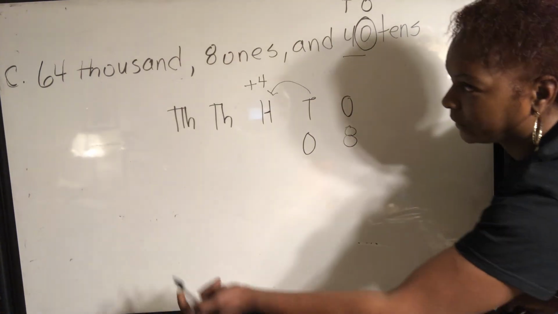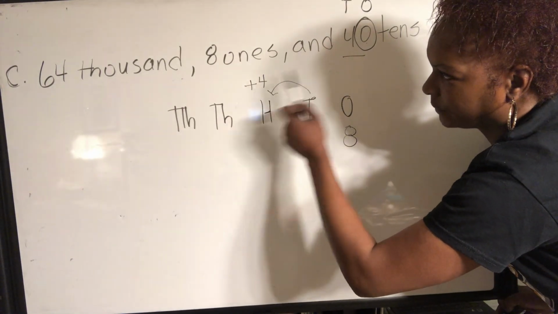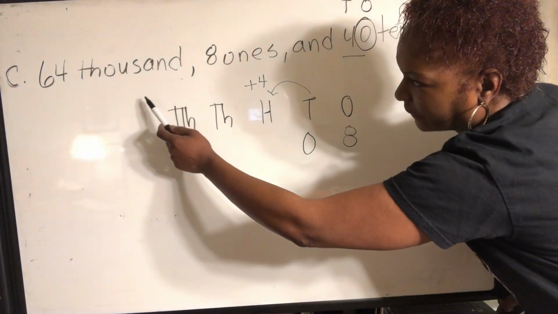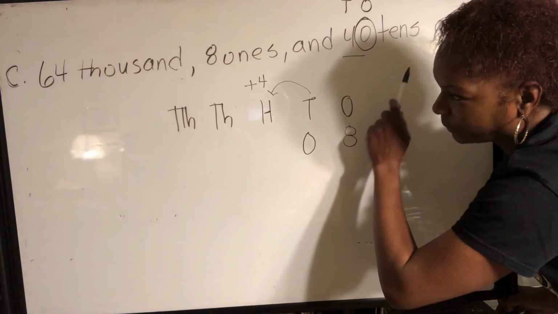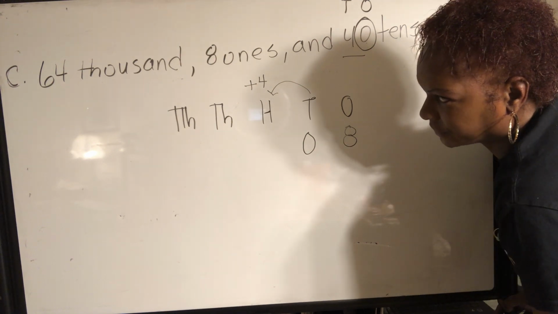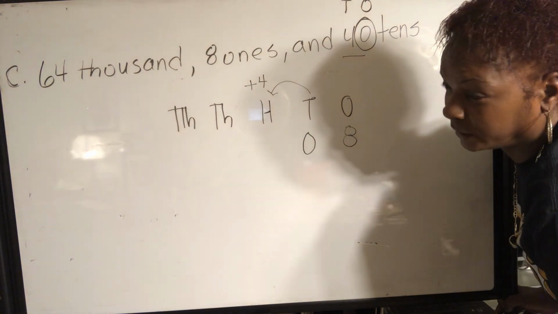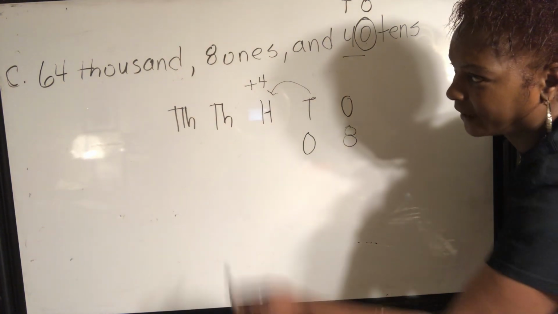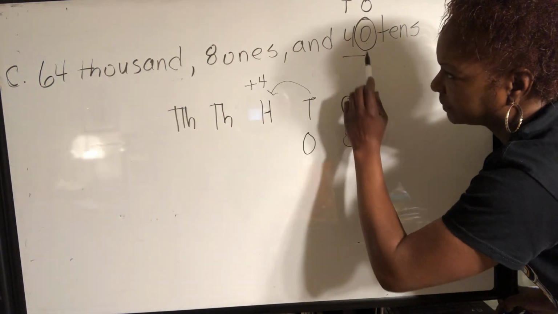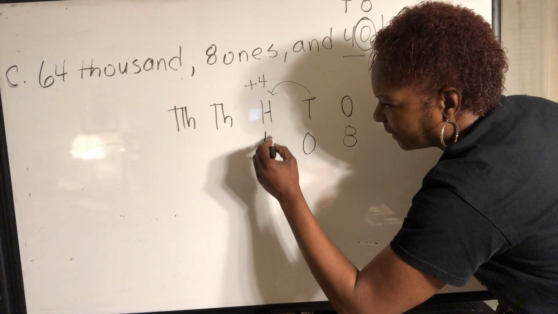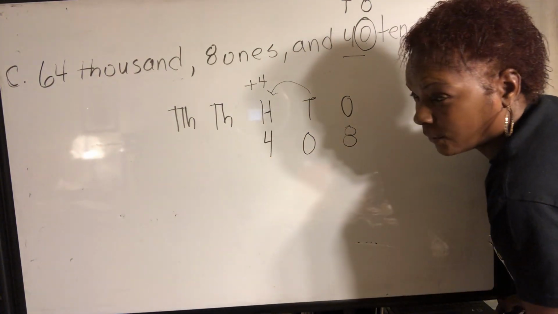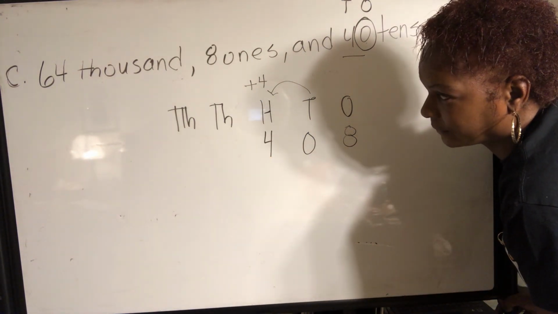So we look back into our problem and we read, we have 64,000, 8 ones, and 40 tens. We did not hear a mention of hundreds. Therefore, we only assume that we have the 400 that just rolled over from the tens. So we're going to record that 4 in our hundreds place value.